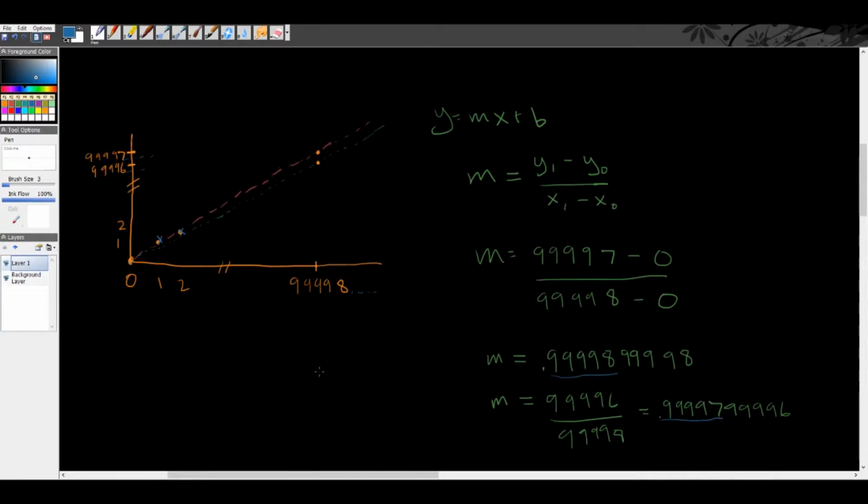Basically, if you remember the equation of a line, y equals mx plus b, where m is the difference in y over the difference in x, we can see that as numbers become very large, we get very, very similar floating point numbers.